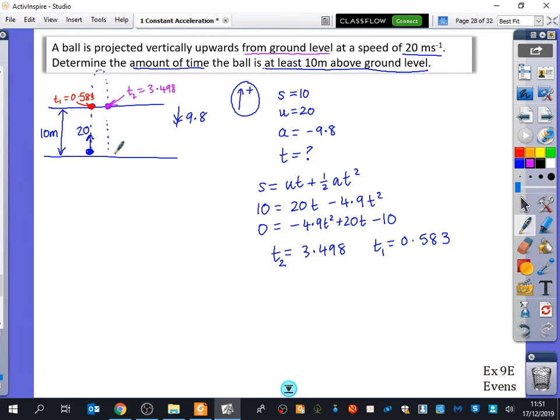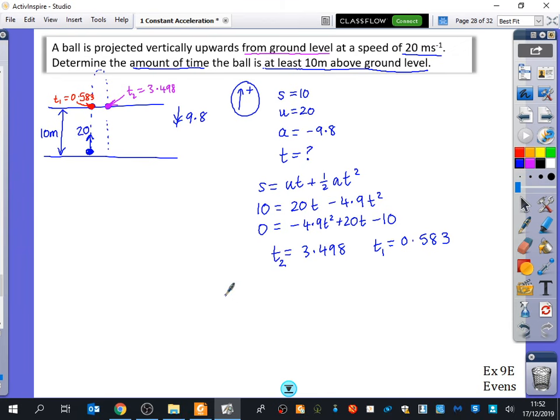So the amount of time that it spends above this blue line is found by doing the difference between those times. Because if it takes 3.5 seconds to do all of that, and 0.5 seconds there, the amount of time it's in between, when it's above that line, will be the difference between those two times.